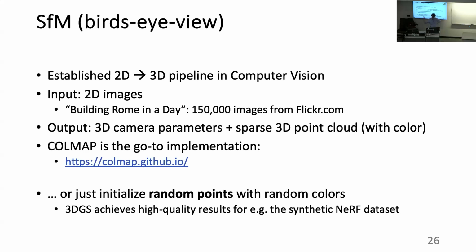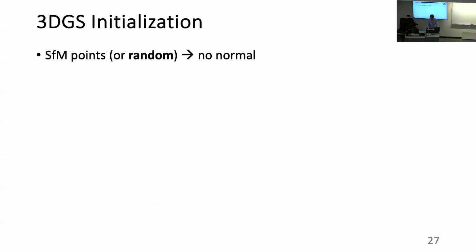But if we have that for free, for example, through having a synthetic NeRF dataset, which they just rendered out in Blender, so they have ground truth camera positions and camera parameters, then we can just initialize with random points. And in 3D Gaussian splatting, they actually achieve a very high quality result with just completely random initialization. But it's slightly better to use the structure from motion sparse colored point cloud.